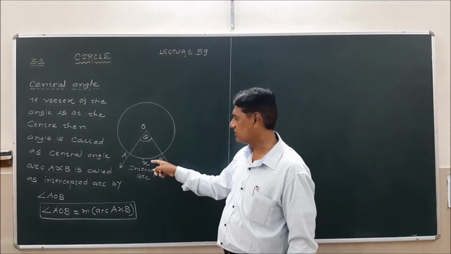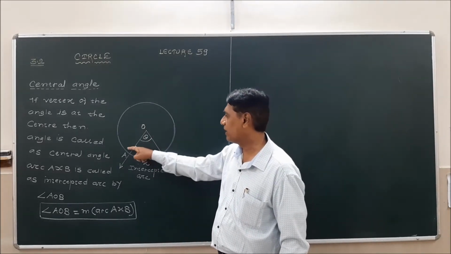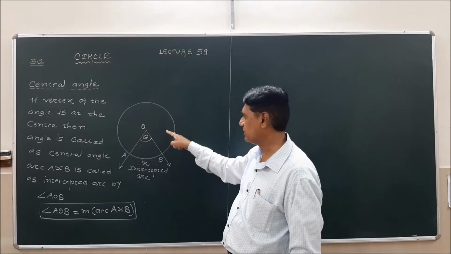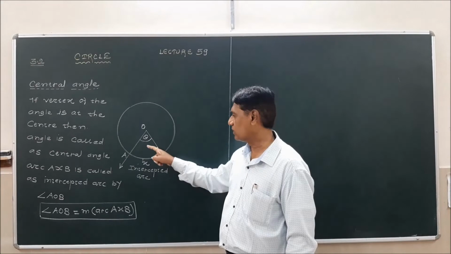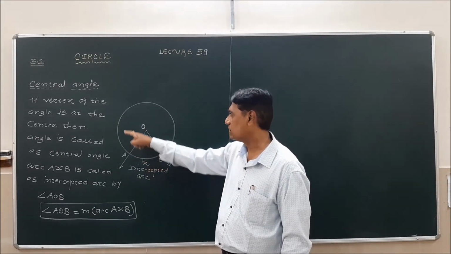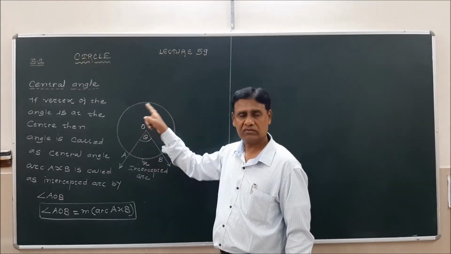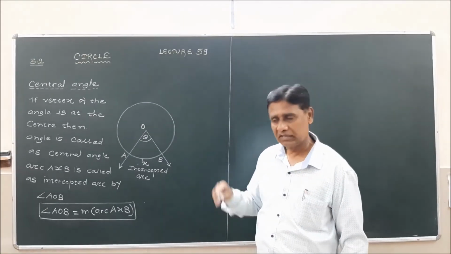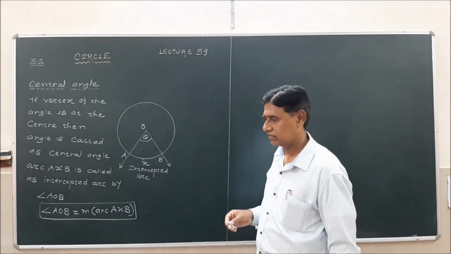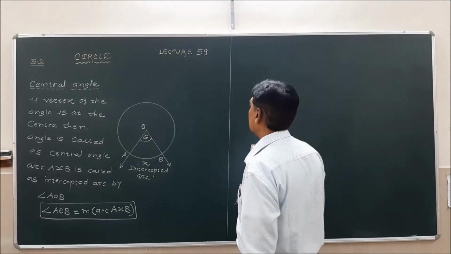So if I say this is 60, this is 60, and I ask what is the measure of this, your answer is 300. The sum of all arcs of the circle is always 360. That is our next concept to understand.